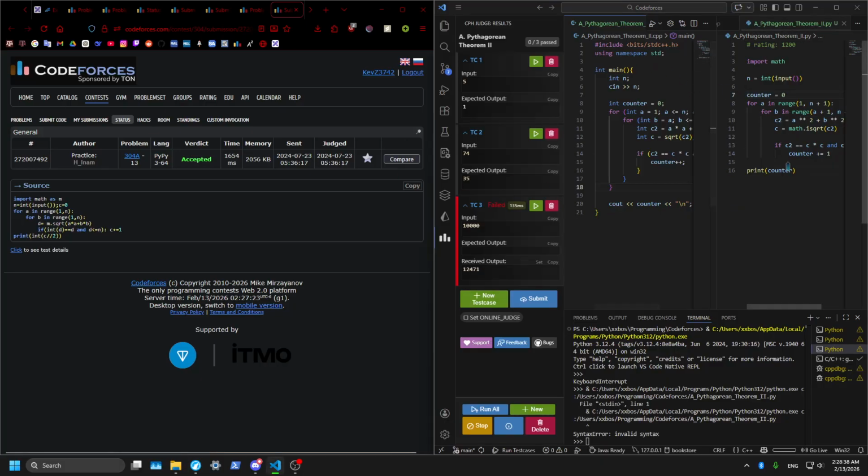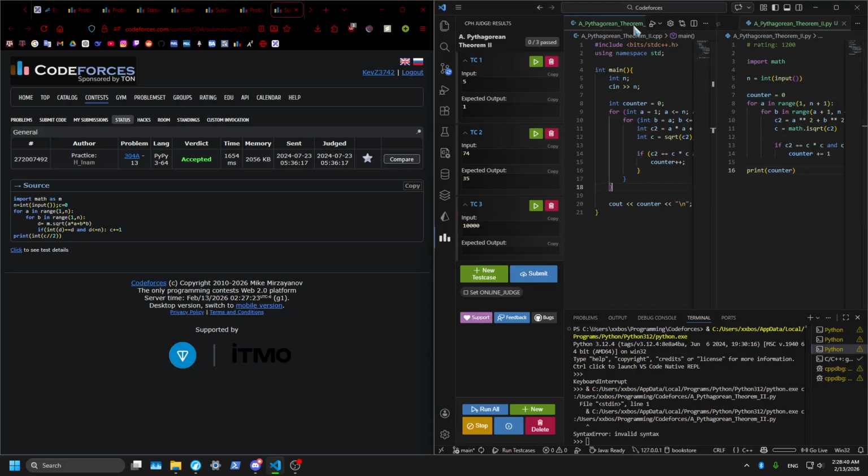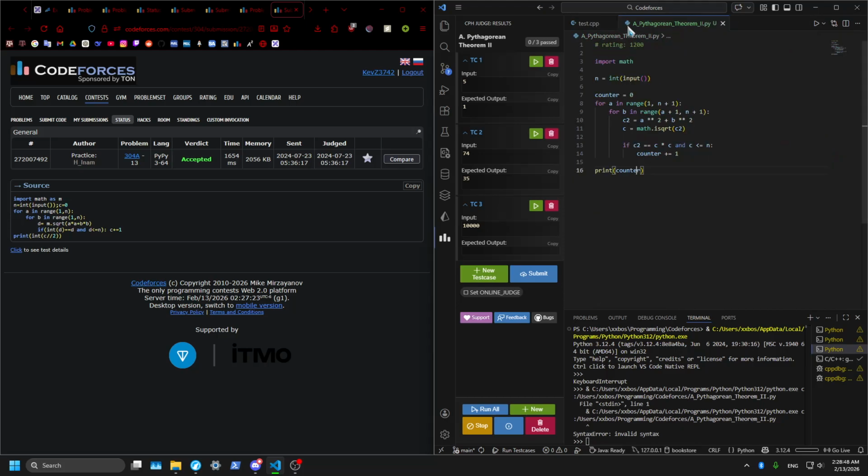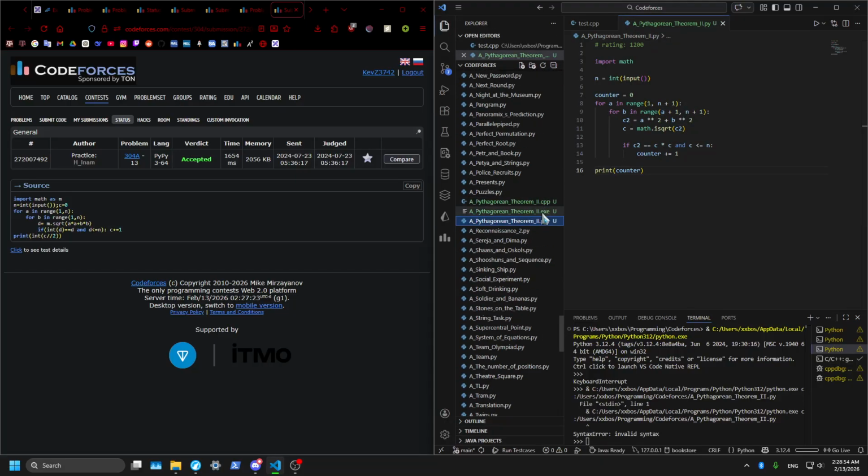Let's reconstruct this problem in Python. Close this. Where does that save to? Here, okay.